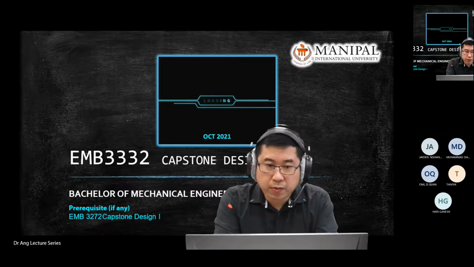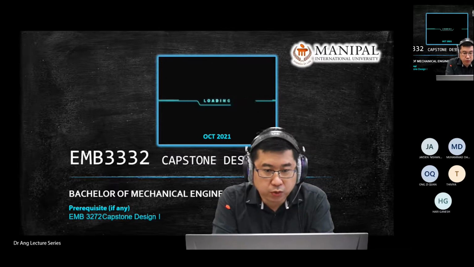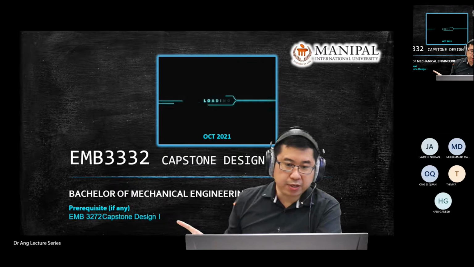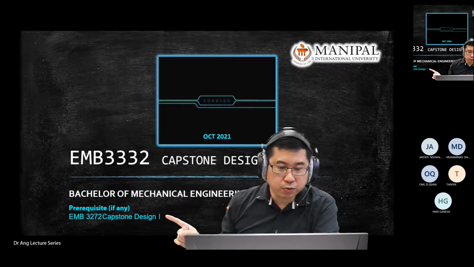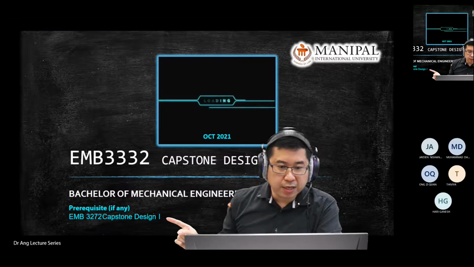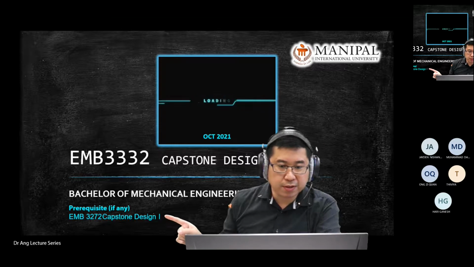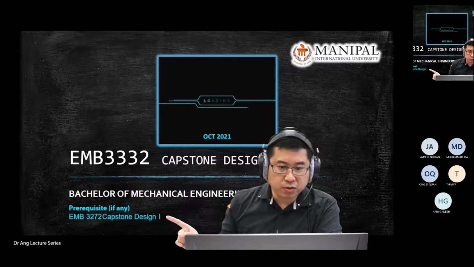Okay, what we're going to do for this semester is that we'll continue what you did for Capstone Design 1, right? So basically, you continue from what you did with Dr. Bala, if not mistaken. I will continue to supervise you and see what you can do in this Capstone Design 2, okay?